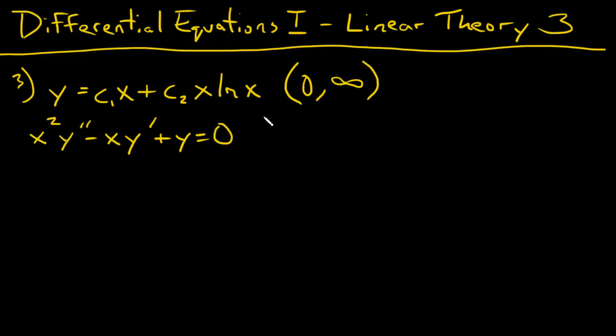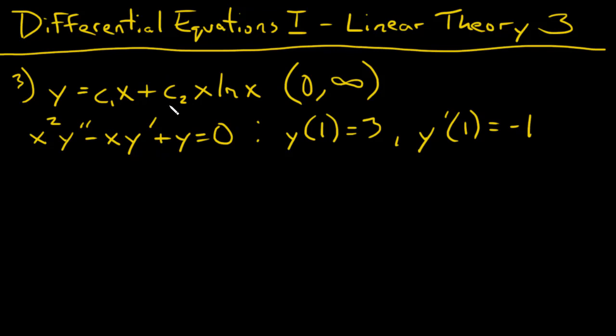And we have the conditions of y at 1 equals 3 and y prime at 1 equals negative 1. Okay, so our goal is to figure out what the c1 and c2 are.